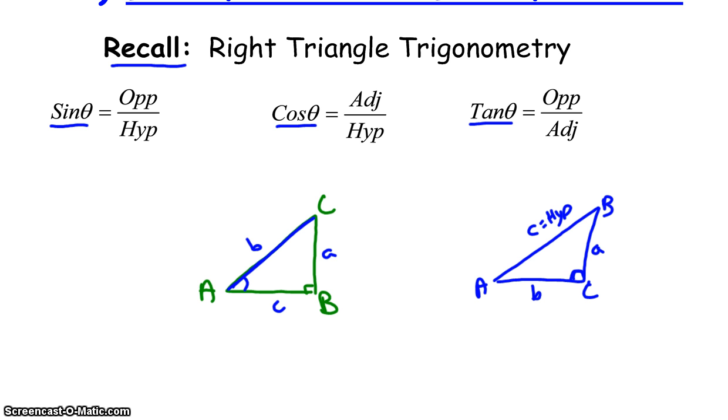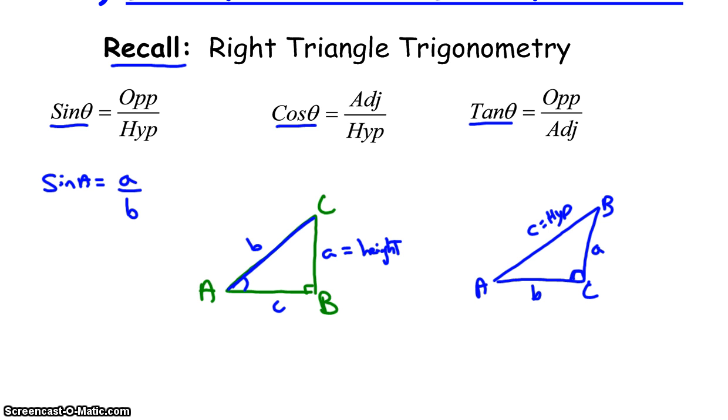Now if this is true, then sine of A equals its opposite, which in this case is lowercase a, over the hypotenuse, which in this case is b. If I want to solve for a, or solve for that hypotenuse, I would simply multiply by b and then divide by sine A. But in this case, I'm going to really look at a as the height of the right triangle.